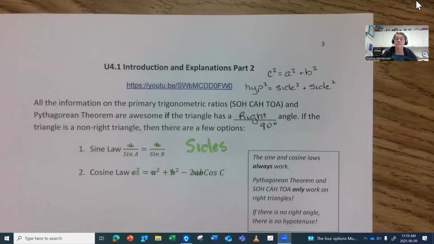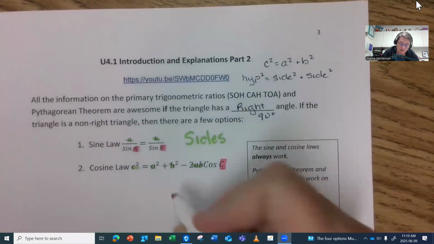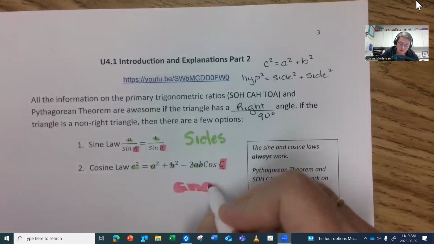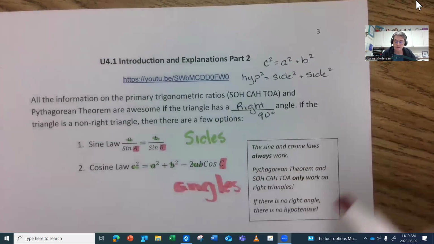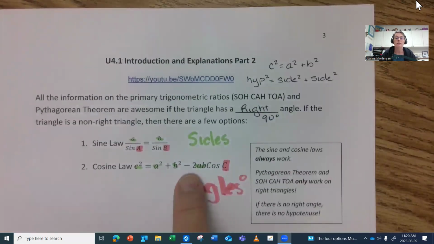Doesn't really matter. It's going to have some unit for length. The capital letters all refer to angles. So those are always going to be in degrees. And in case you're wondering, that 2 is always there. It's just a 2, nothing more profound.